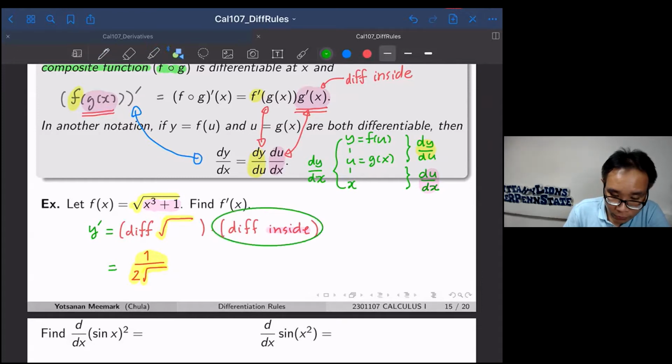So you dip inside. What is dip inside? You dip x cubed plus 1. So it's going to be multiplied with d of x cubed plus 1 dx. This one will be the derivative of the inside.